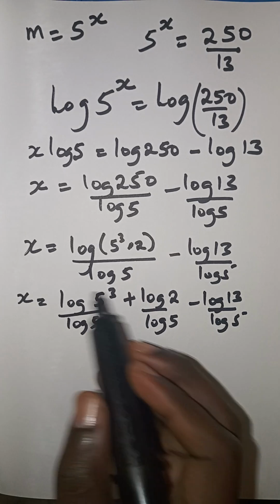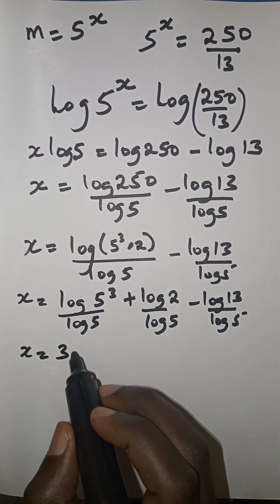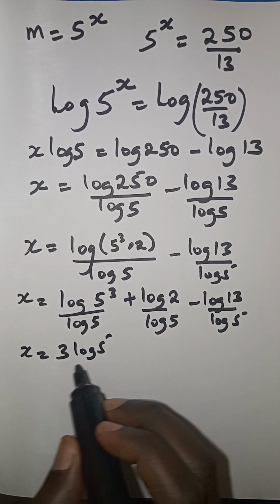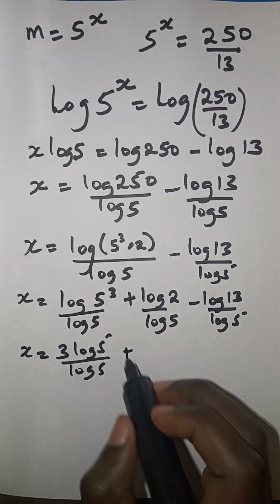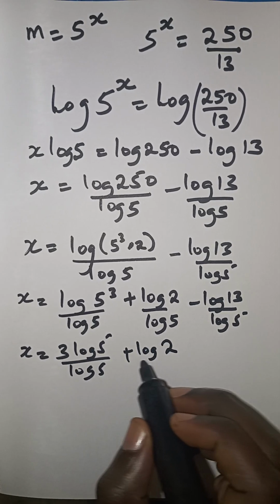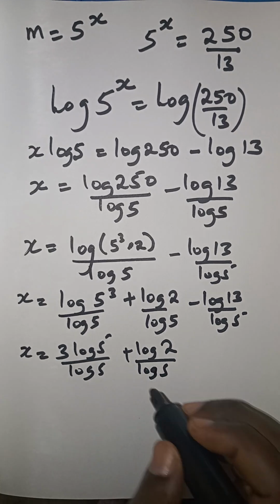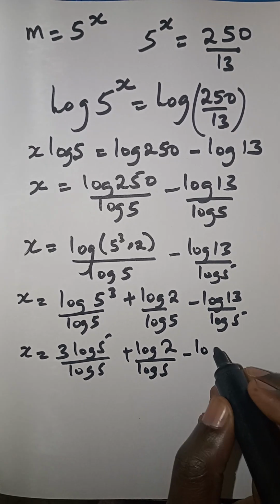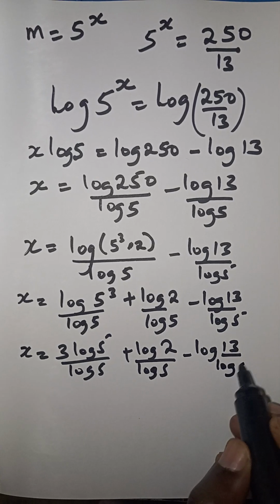This can be simplified as x is equals to 3 comes here as 3 to the log 5 divided by the log 5 plus log 2 divided by log 5 minus log 13 divided by log 5.